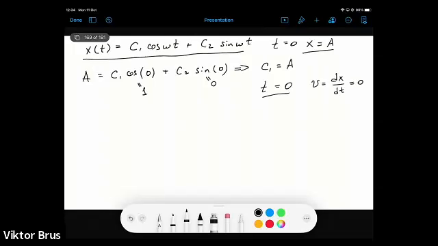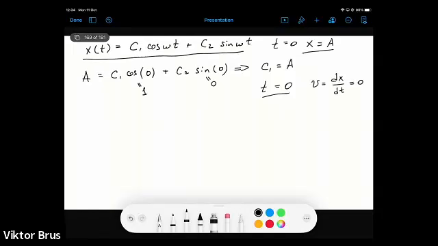It starts moving only at the moment when we start to count time from 0 to some interval of time. But at the initial moment, it doesn't move. So that is another boundary condition which can be useful for us.